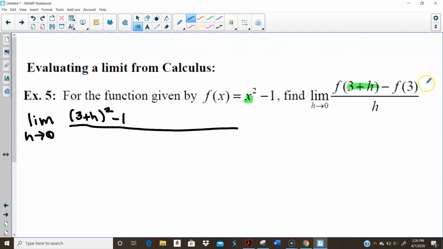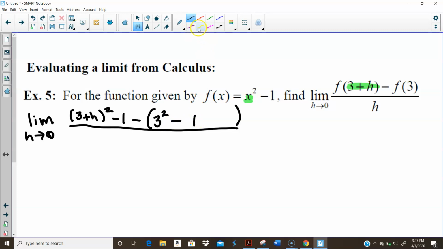So to subtract f of 3, we're going to do subtract, and we're going to need to use parentheses because it's subtract the whole thing. And then you'll go ahead and plug in where you see x. This time you're going to plug in 3. So this is going to give us 3 squared subtract 1.